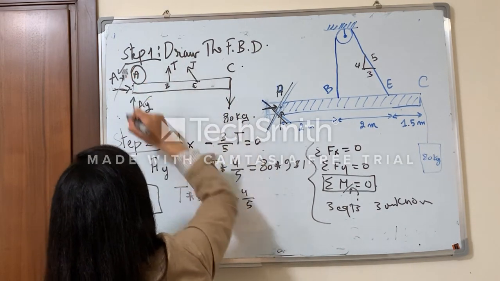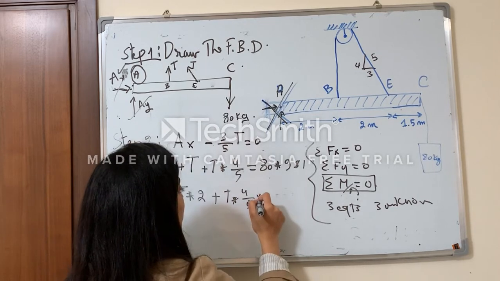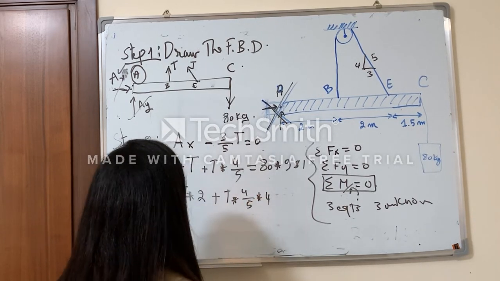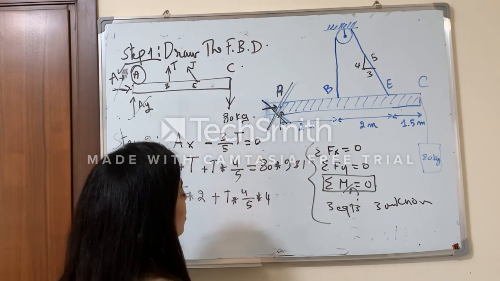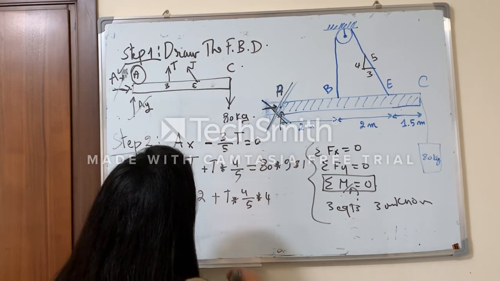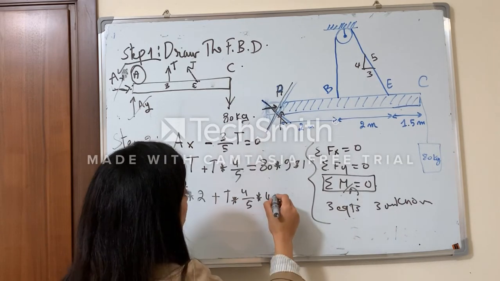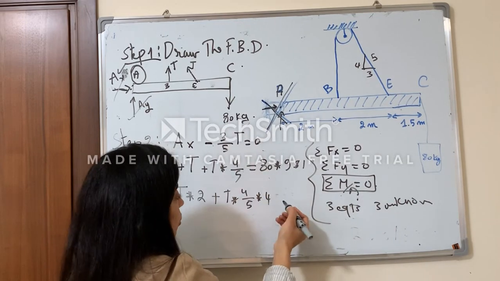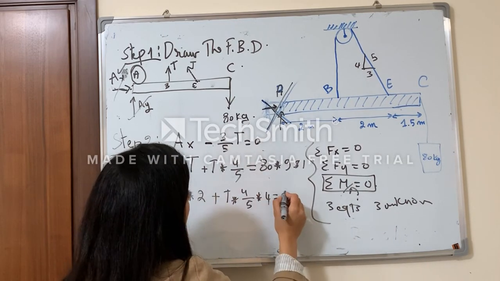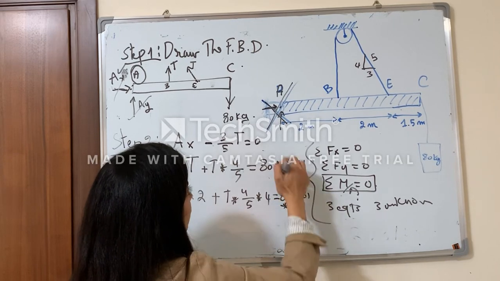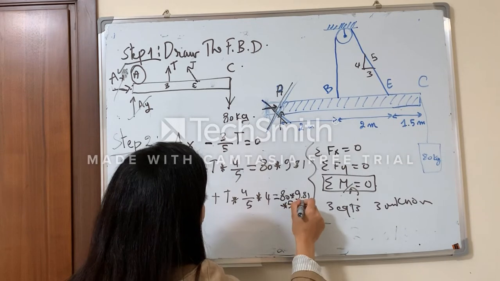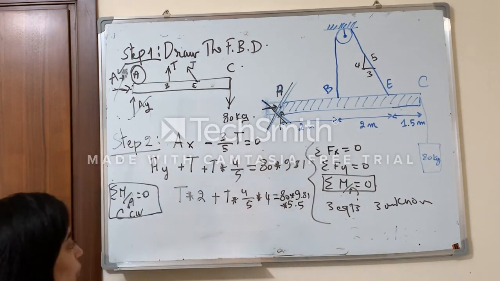Times the distance from A to E, which is 4, so times 4. And finally guys, I have the weight 80 times 9.81, and this weight is doing a clockwise, so minus, or I can say it is equal to 80 times 9.81 times what? Times the distance from A to C, which is 5.5. So this is my third equation.